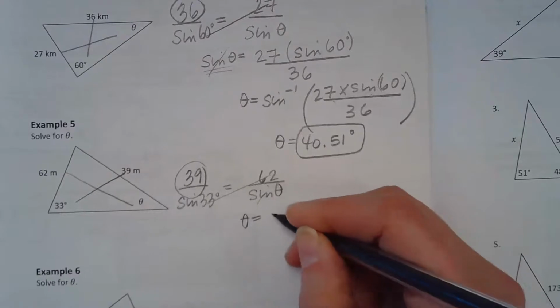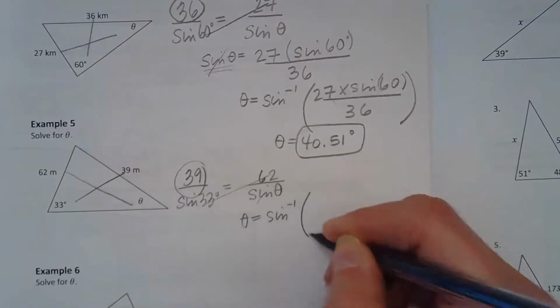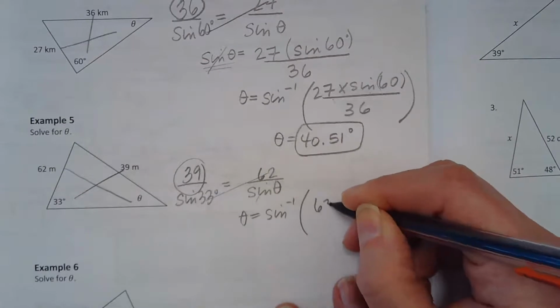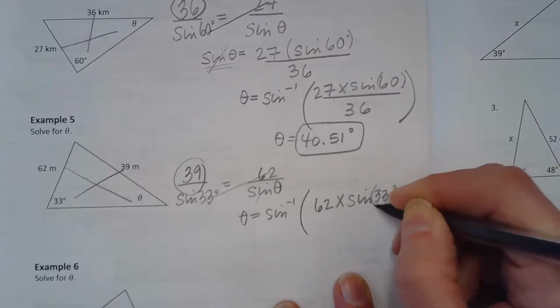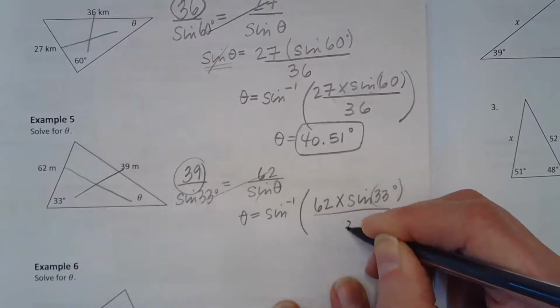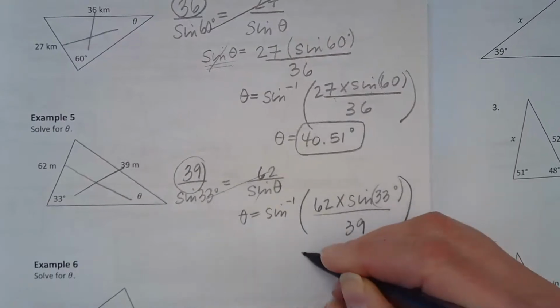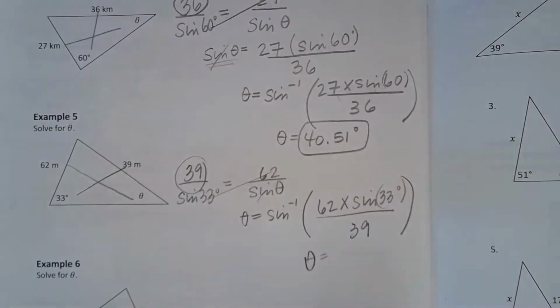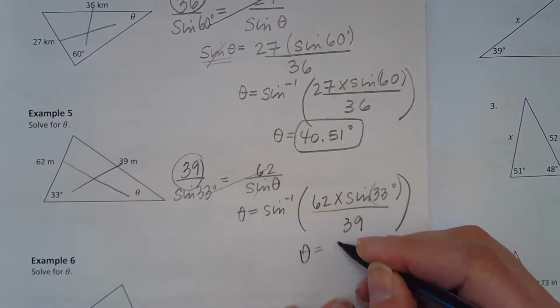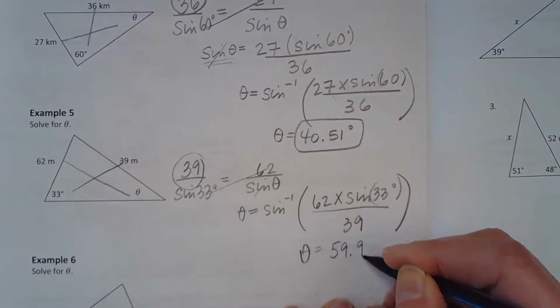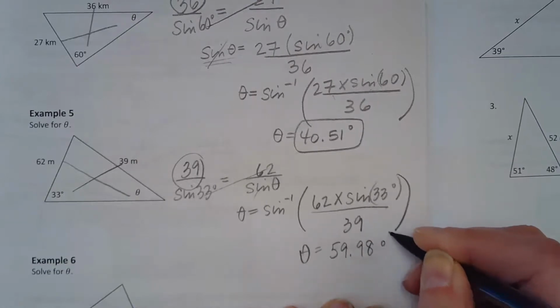So I just have to make sure I do that shift sine at the beginning. And then I'm just going to do 62 times sine 33. Just close those brackets off, divided by 39. And I get 59.98 degrees.